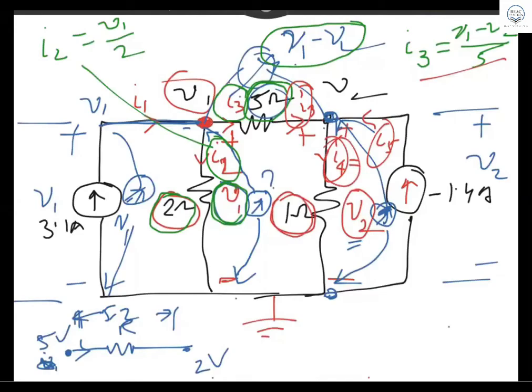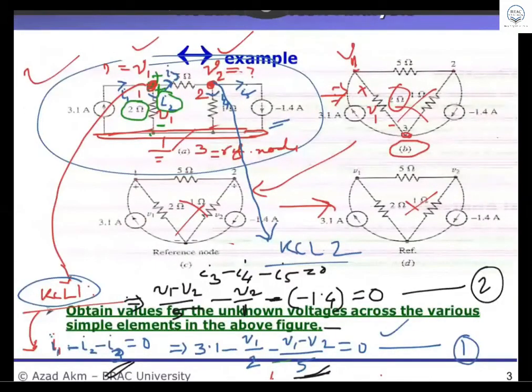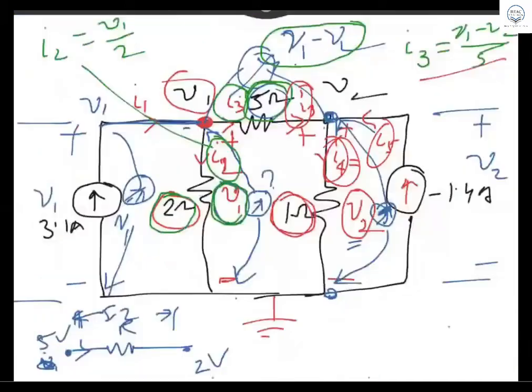Now I'm asking you, have you written equation number 1 and equation number 2 on your paper? Yes, sir. Okay, now you tell me what are the equations. Tell me equation number 1. Sir, 3.1 minus V1 by 2 minus (V1 minus V2) divided by 5 equal to 0 is equation 1.